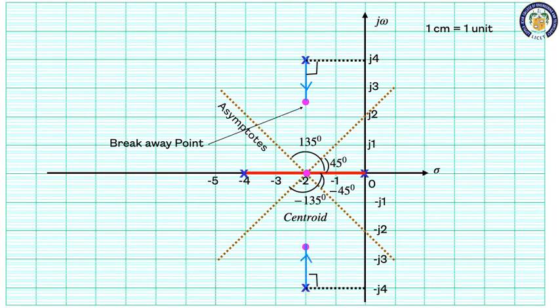Okay, so I have marked my angle of departure, that is 90 degrees, in my graph.